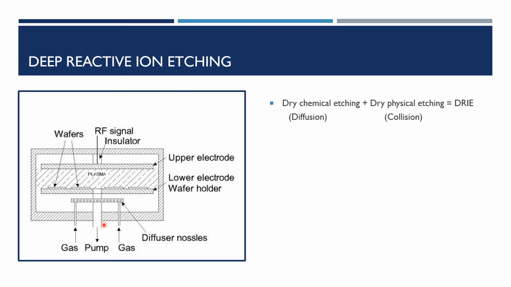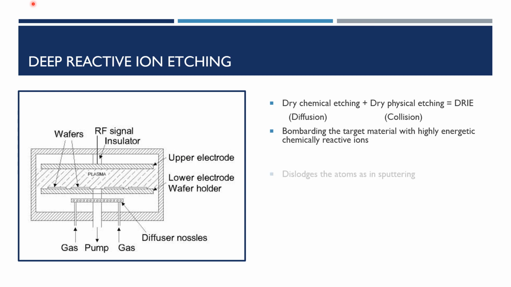Here also the plasma generation occurs between the two electrodes, and this gives rise to highly energetic and chemically reactive ions and radicals. Here the material removal occurs due to the chemical reaction as well as the physical removal, as in the sputtering or the ion beam milling.